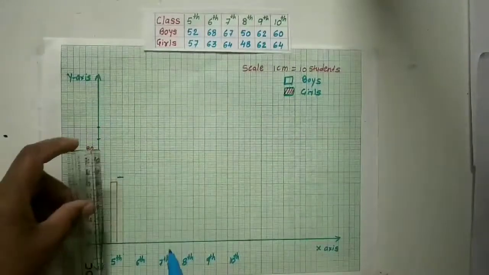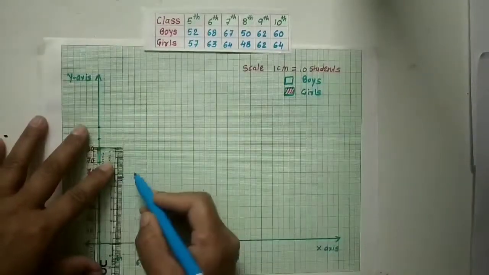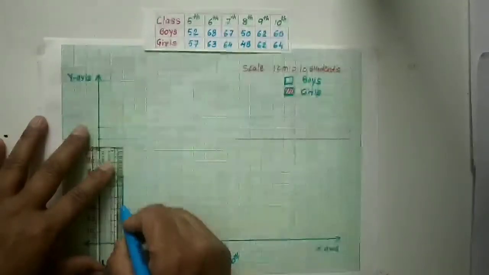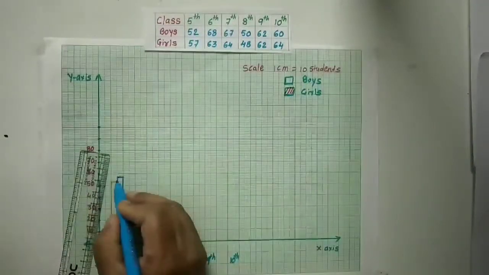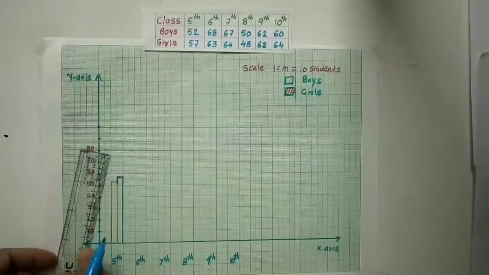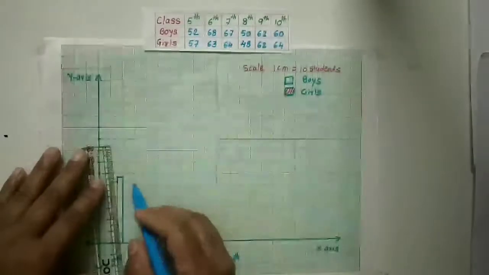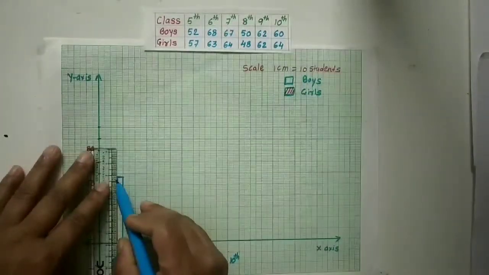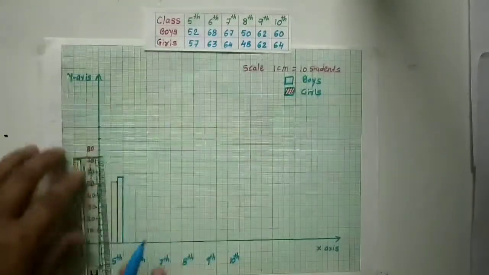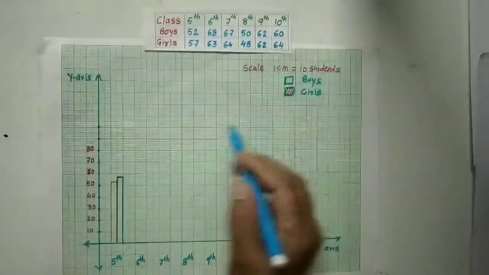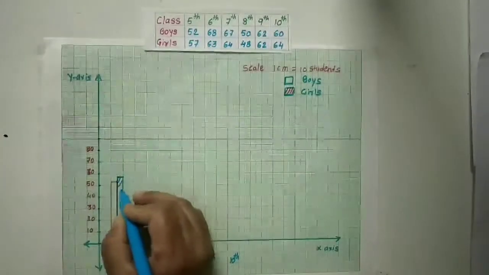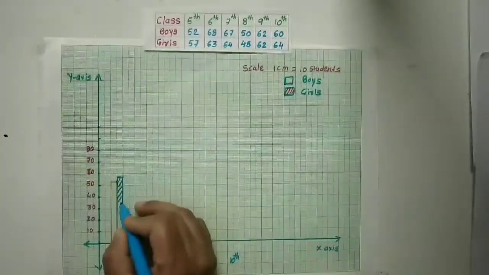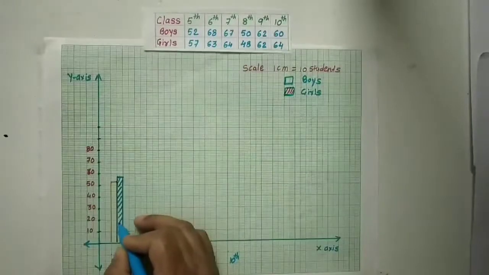This is the 57. Like this also you can draw. And for girls we are going to draw lines in the bar. These are the girls.